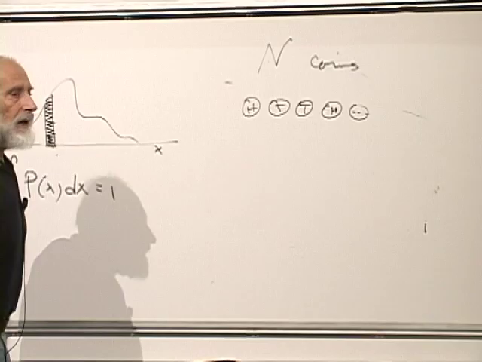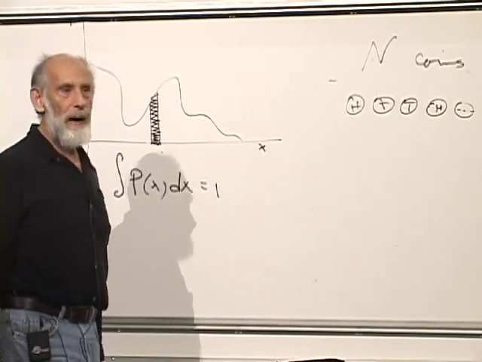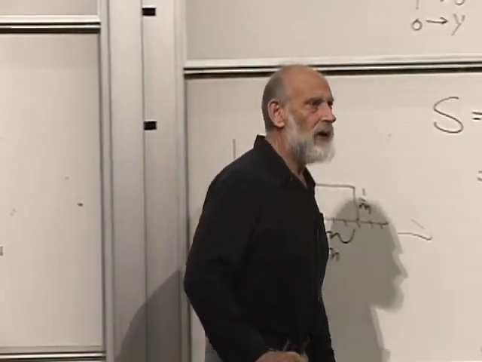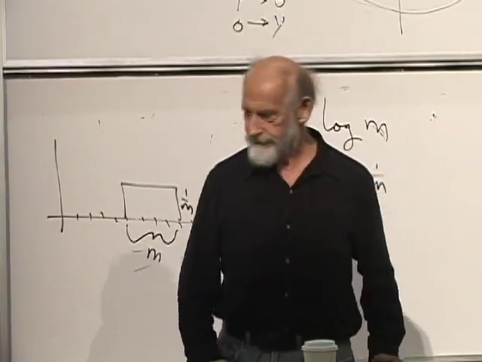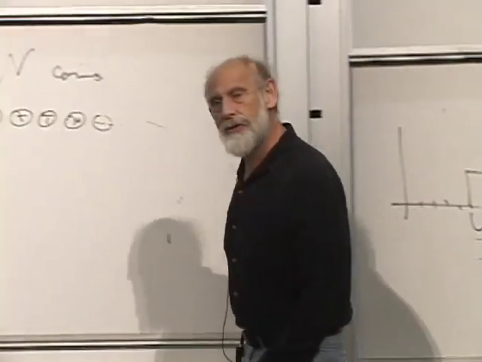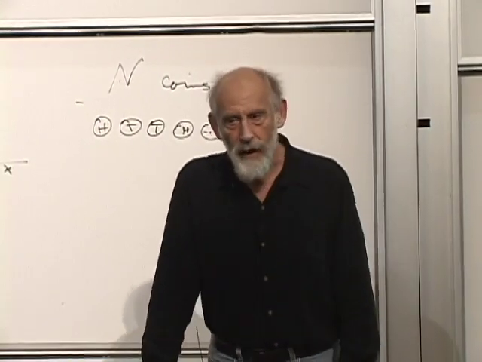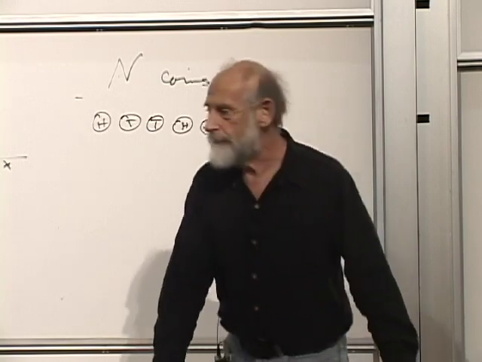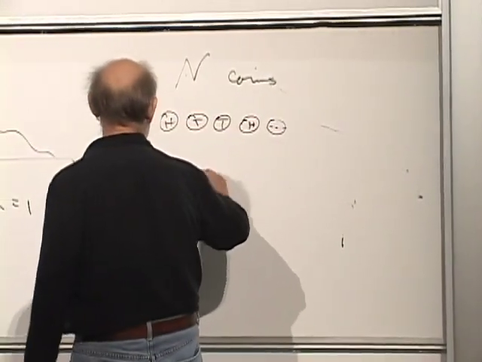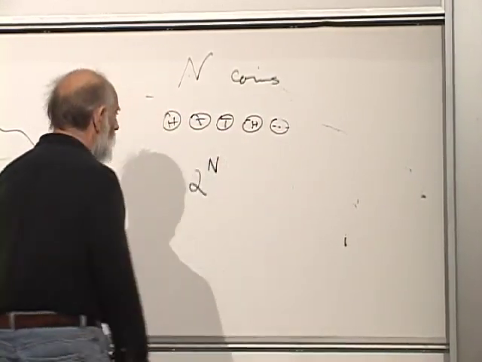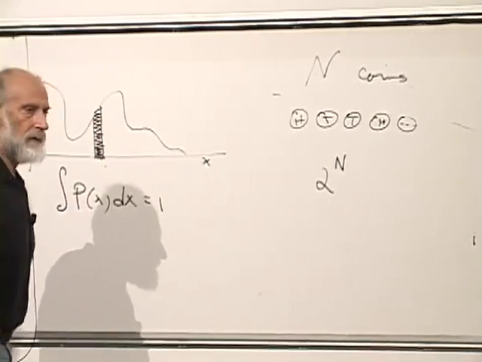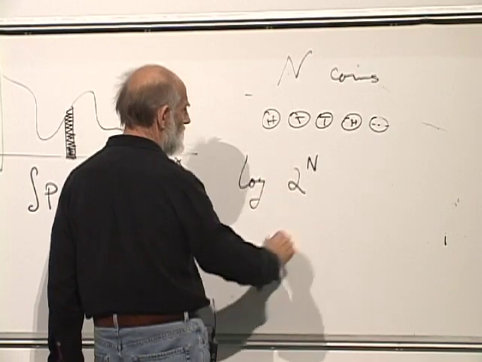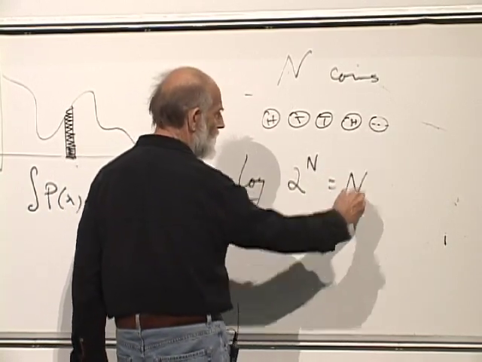And supposing I know nothing about it, let's take the most extreme example of ignorance. What's the entropy? Well, how many configurations are there altogether? 2 to the N. What's the logarithm of that? N log 2.